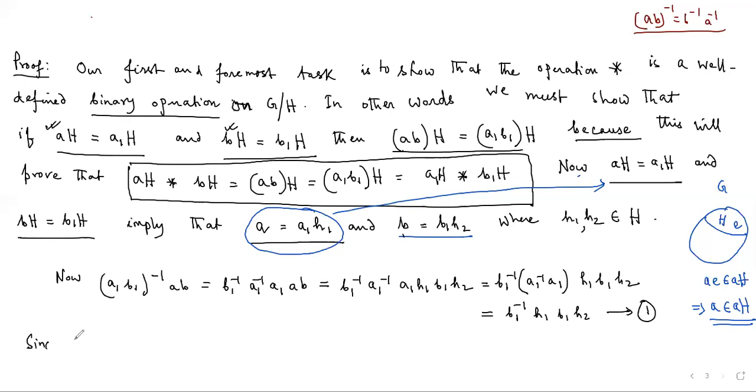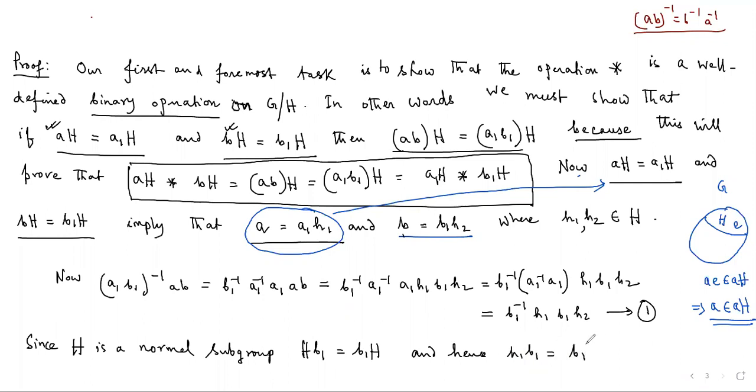Since H is a normal subgroup, H B1 is equal to B1 H, and hence H1 B1 is equal to B1 H3 for some H3 belonging to capital H.